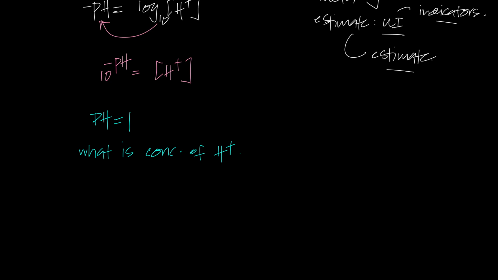If you have a pH of 1, what's the concentration of hydrogen ions in an aqueous solution? Just put 1 here. 10 raised to the power -1 will give you the concentration of hydrogen ions in the aqueous solution, which is equivalent to 0.1 mole per dm cube.